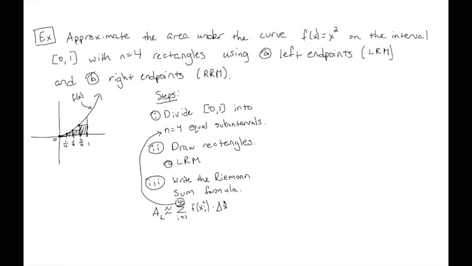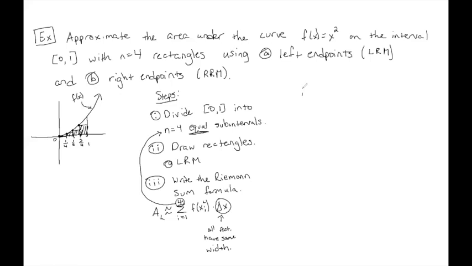And the reason is all rectangles have same width, right? Remember that delta x stands for the width of the rectangles. Because I've divided them into equal subintervals, they're all of the same length, or all the same width in this case. And in this particular case, it's 1/4, okay? All right.